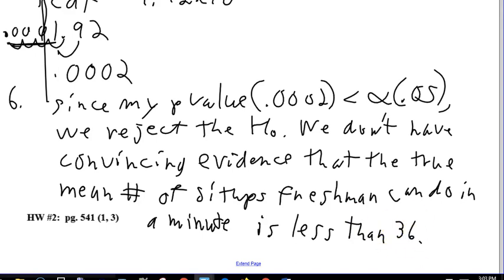I knew something didn't seem right. I meant to say do. We do have convincing evidence. I wrote it down wrong. So we do have convincing evidence that it's less than 36.